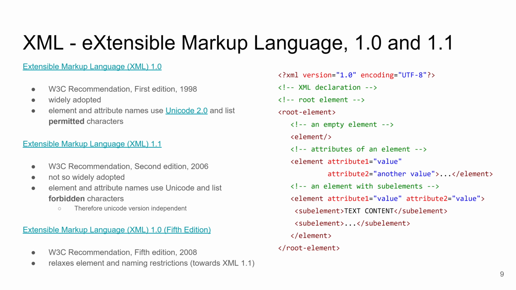And eventually, the creators of those specifications found a way of relaxing the XML 1.0 restrictions so that most of what was proposed for XML 1.1 could be done within XML 1.0. So there was a fifth edition created in 2008, which incorporates some of the advantages of XML 1.1 regarding Unicode usage.